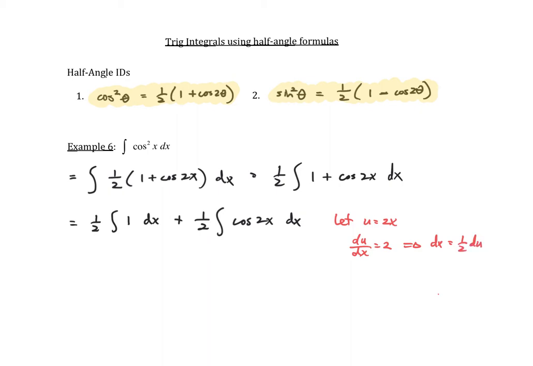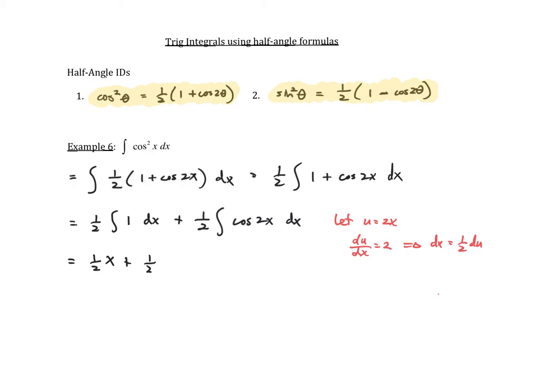All right, so for the first part over here, let me find the antiderivative. The antiderivative of 1 is just x. And for the second part, let's do our substitution.